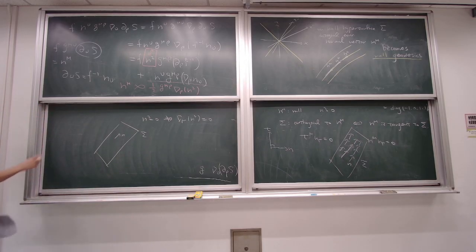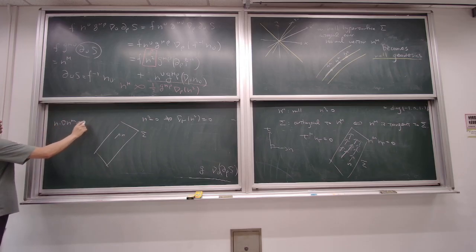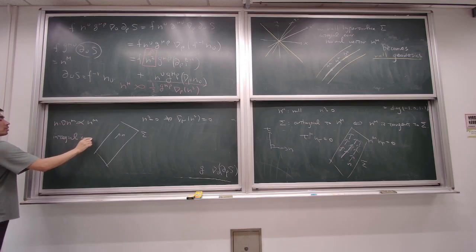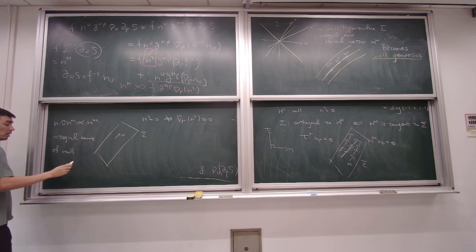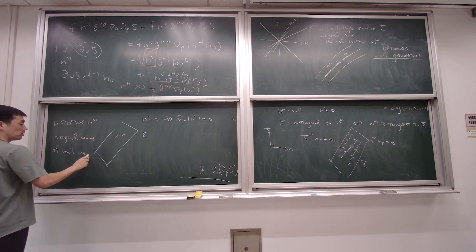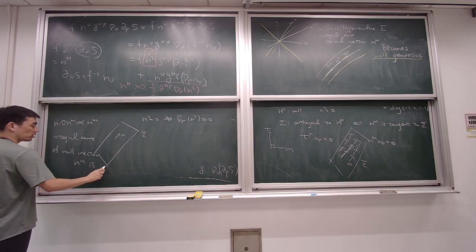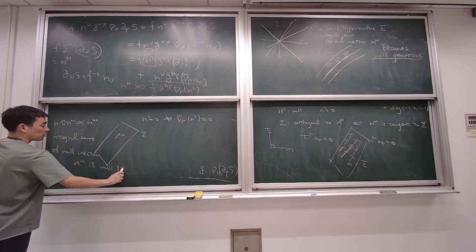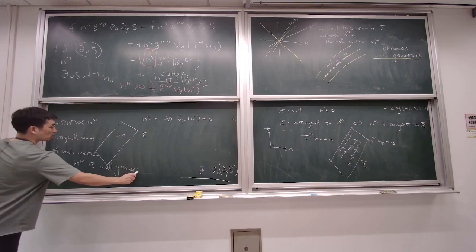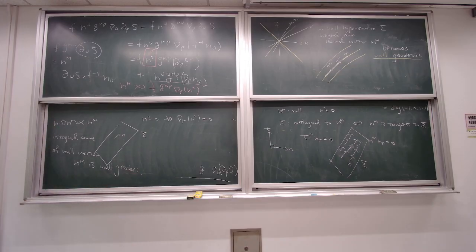In any case, n nabla n mu is proportional to n mu. Okay, so this means that the integral curve of this vector n mu is a geodesic.